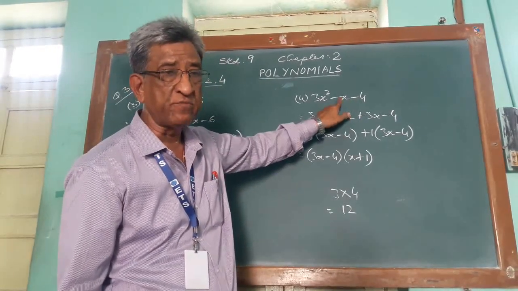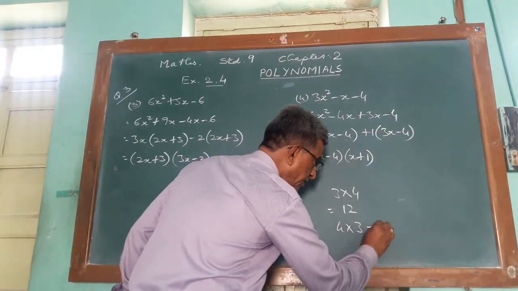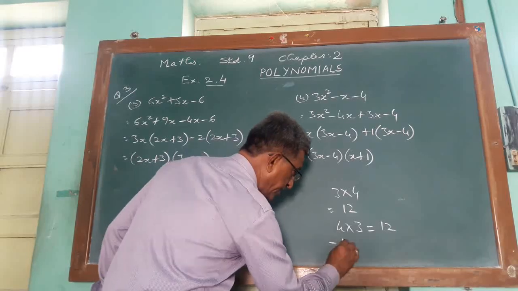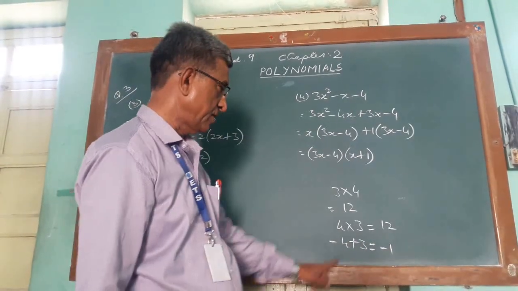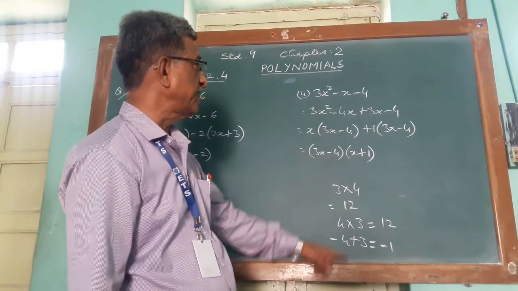So the factors will be 4 into 3, that is 12, and minus 4 plus 3 is equal to minus 1. So these are its factors.